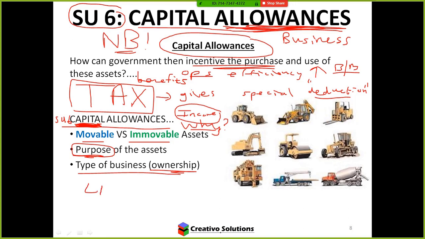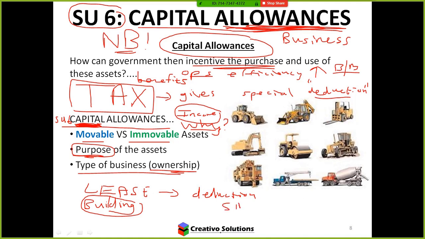So, for example, if you lease a building, you can't claim the capital allowances on the building, right? You will be able to claim your lease as a general deduction, in terms of section 11A.